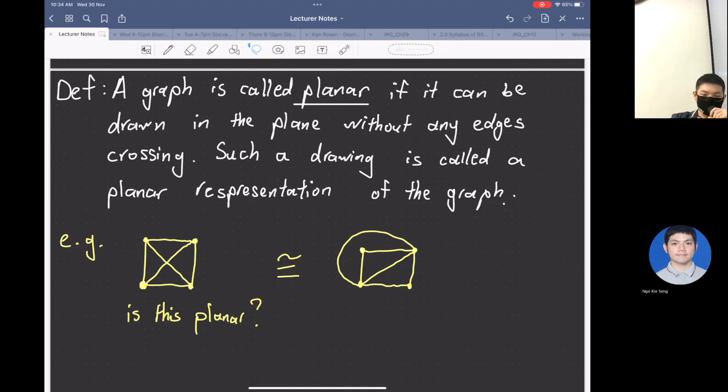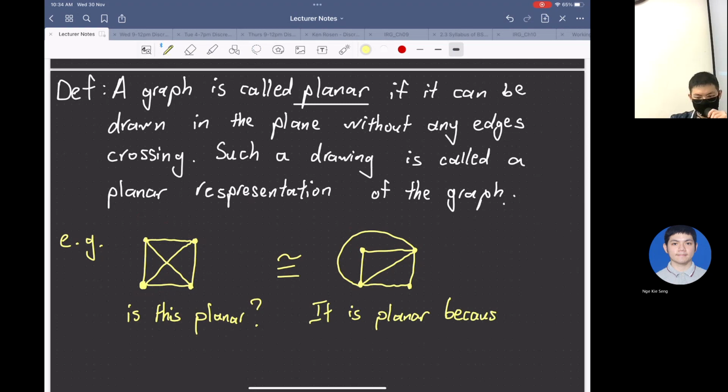Remember the isomorphism, just to make sure every vertex is connected the same way as before. And I just bring this line off. This is a graph I saw. So it is planar.